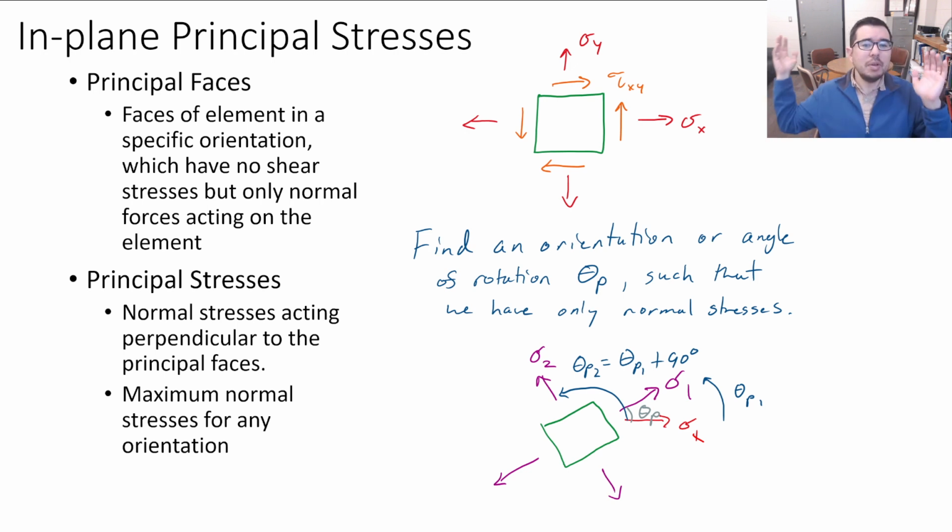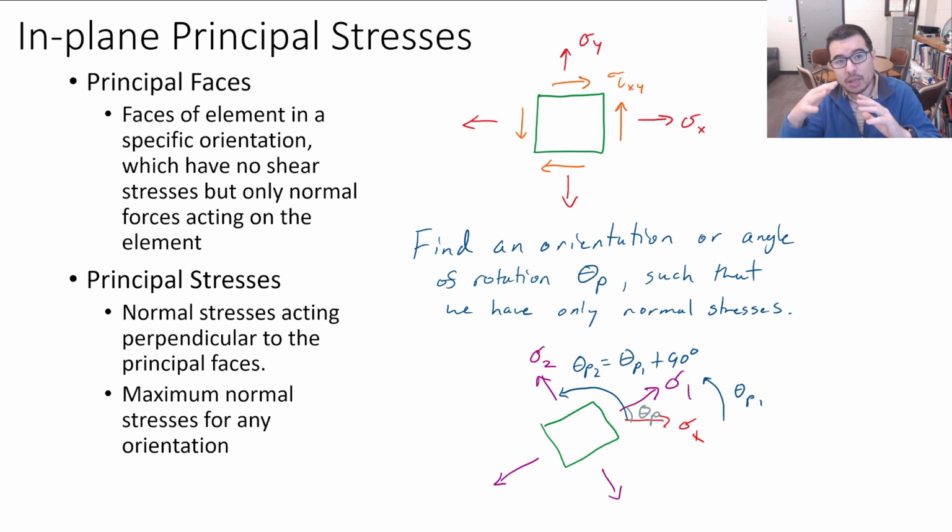And you're like, why do we even care about this? We care because when we discuss criteria for failure, brittle materials typically fail due to normal stresses. Those materials get pulled apart, and it's important for us to be able to identify what these maximum normal stresses are. And now we're saying we can figure out what the maximum normal stresses are.